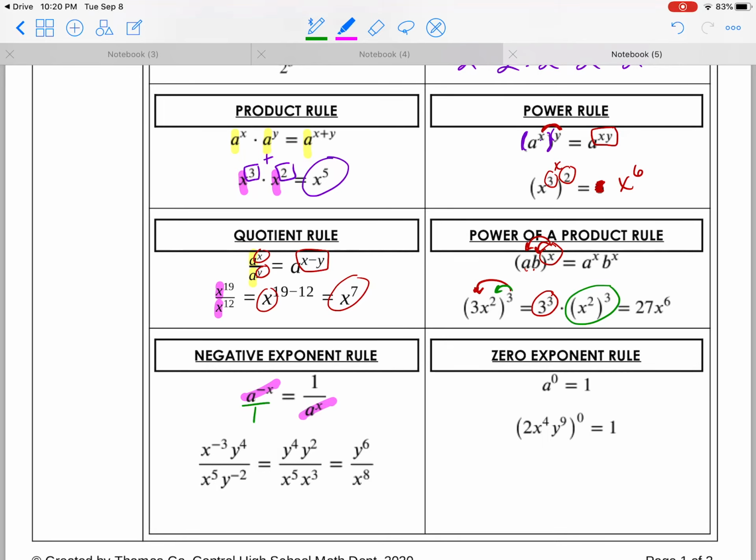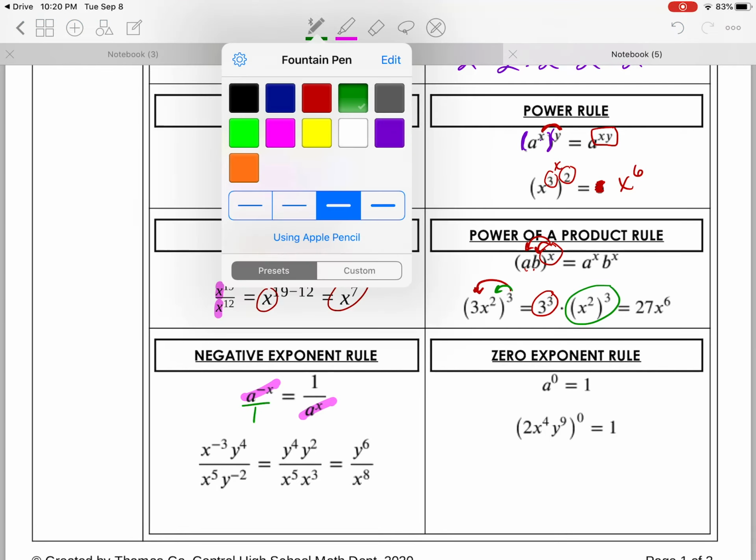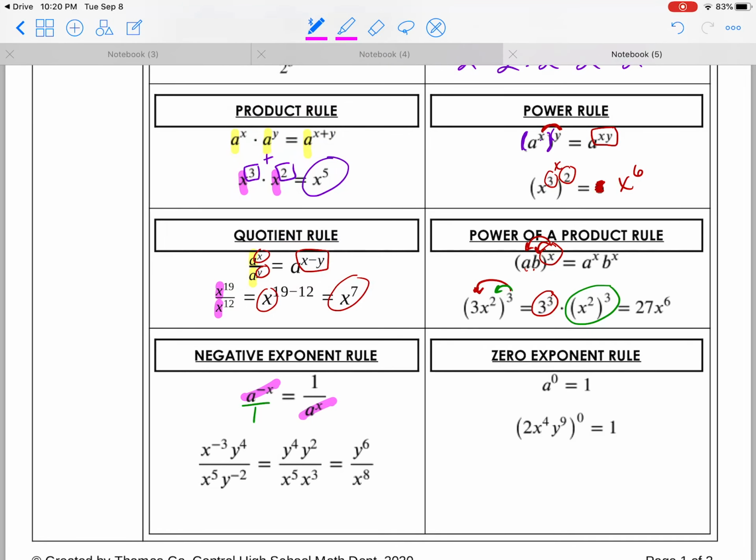Now, if something has a positive exponent, you're not going to move it. It stays the same. So what's going to happen here in this example? X to the negative third, y to the fourth, over x to the fifth, y to the negative second. So I'm going to find my negatives. This x to the negative third, I can't leave that negative, so it's got to move, and it's going to move to the denominator. Then I have y to the negative second.